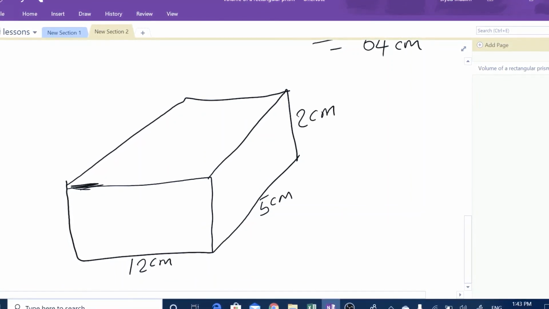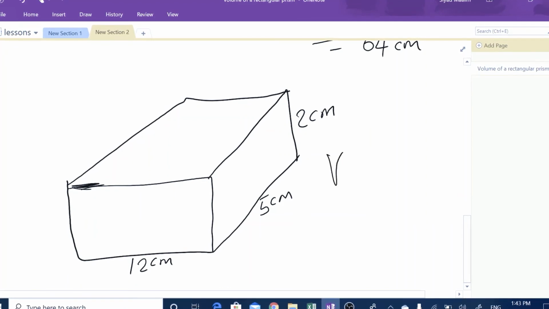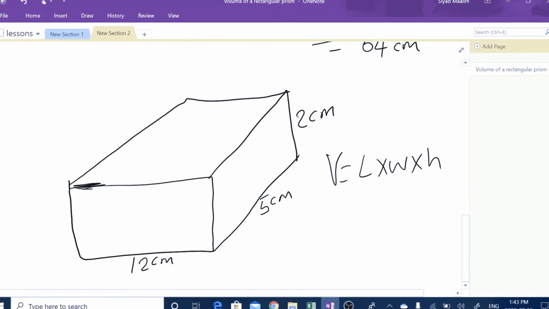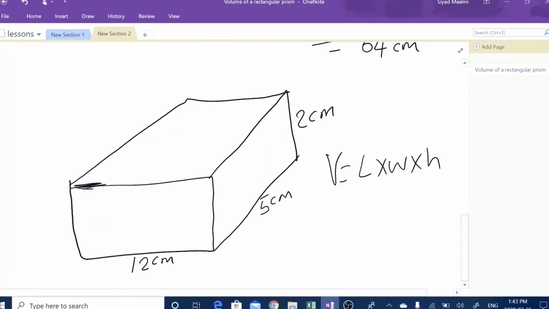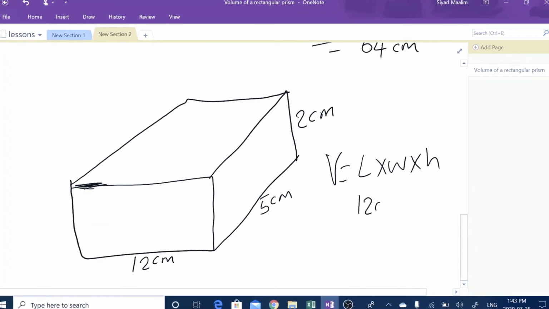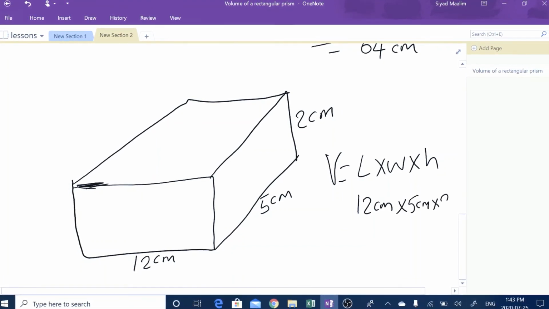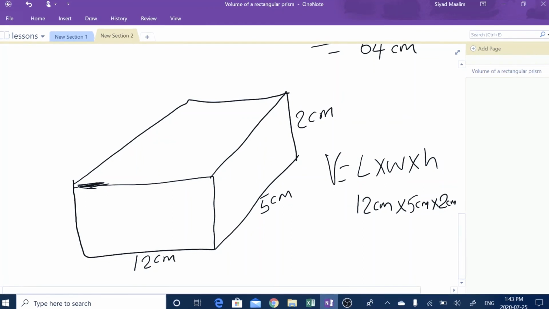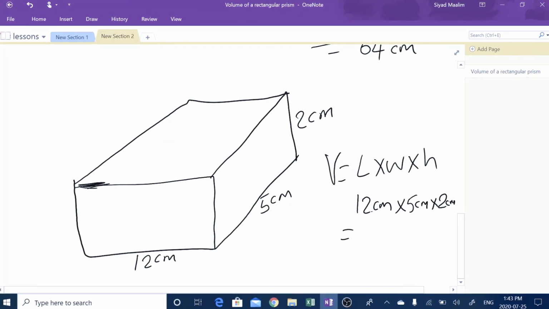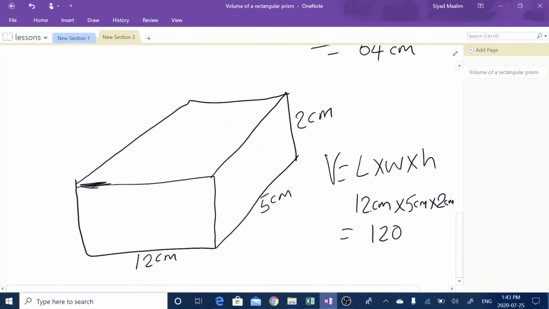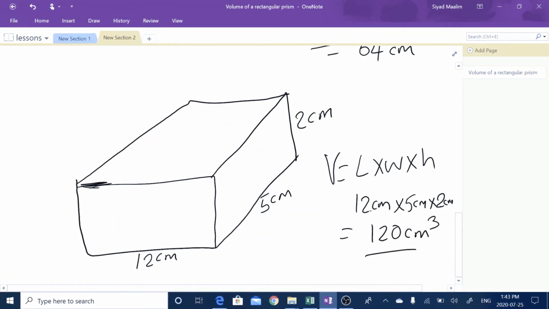In order to find the volume, the formula is volume is equal to length times width times height. So what is our length? The length is 12 centimeter, the width is 5 centimeter, and the height is 2 centimeter. Therefore 5 times 12 is 60, times 2, that's 120 centimeter cube.